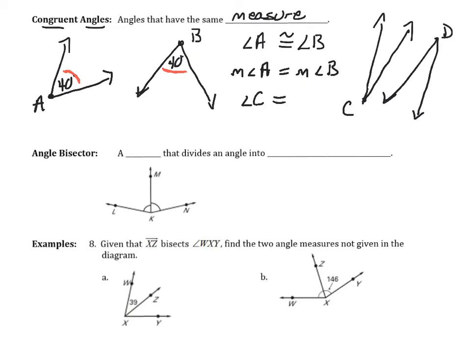So angle C is congruent to angle D. So they have the same measurement, but they're not the same as angles A and B. In order to show that those two are the same, I'm going to include two little arcs in those angles to show that those two match up to one another. Now, this could continue with 3 arcs, 4 arcs, 5 arcs, as many as you want, depending on how many angles are congruent to one another.